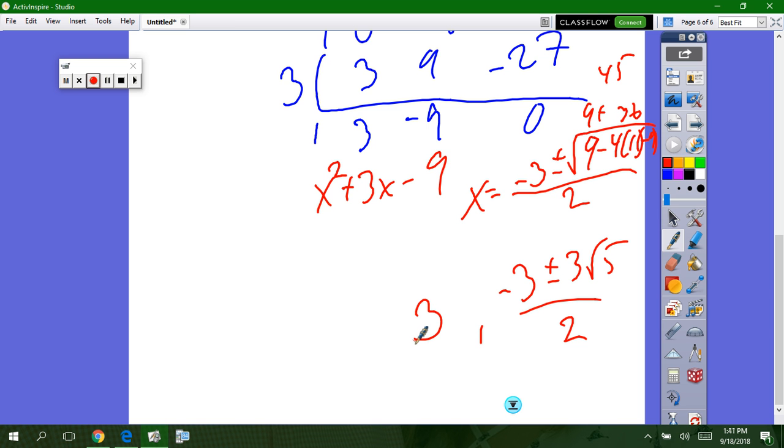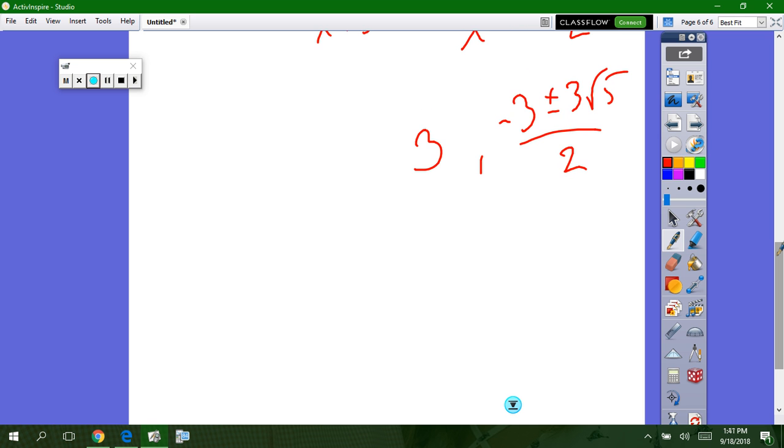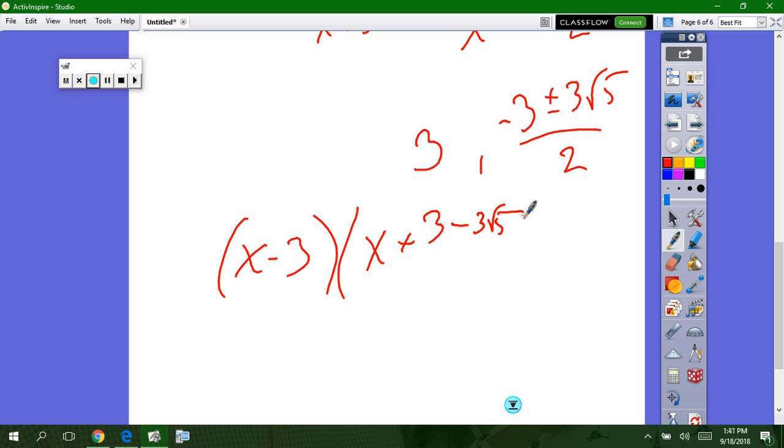How would I write him as a product of linear pairs? Pretty easy. What's the other one? Here we go. I'll show you. X. How do I get that 3 over? Add. How do I get rid of that plus up here? Minus it. All over 2. Not him.